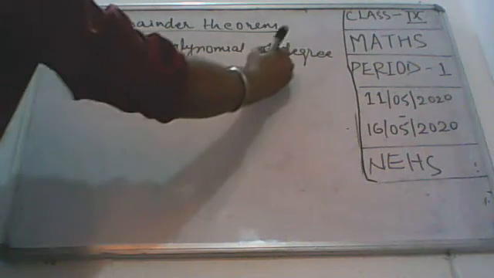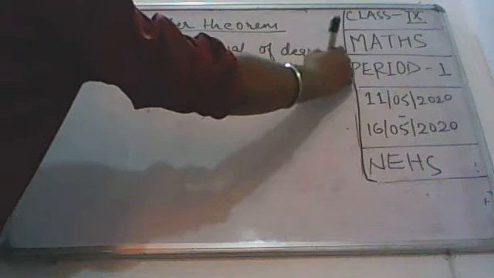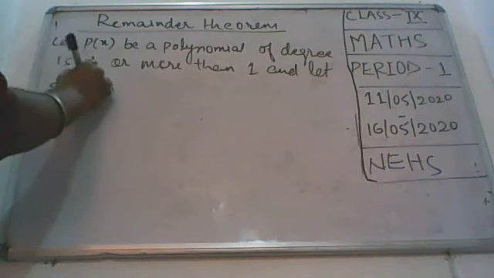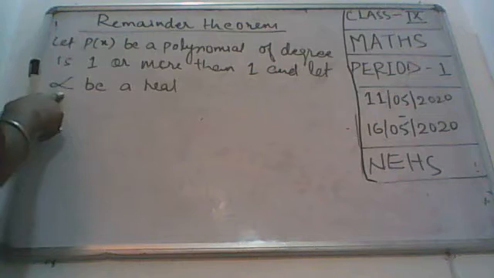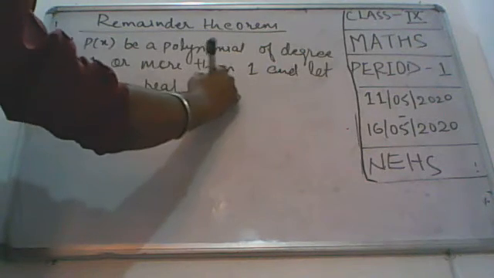And let alpha be a real number, meaning it can be rational or it can be irrational, but it is a real number.